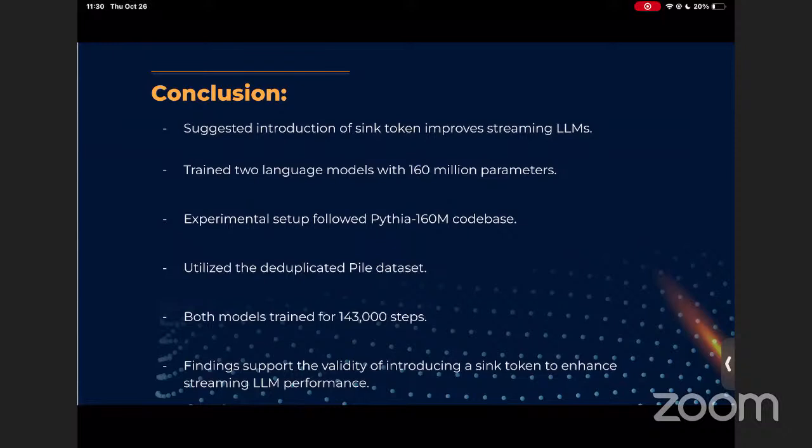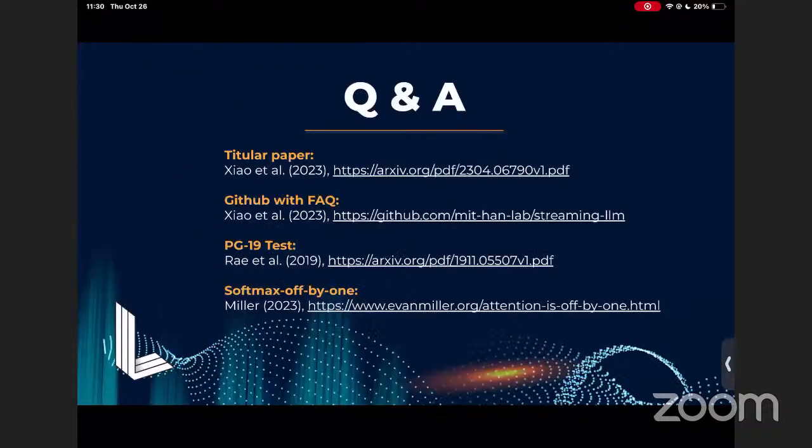They used the Pile dataset after deduplication. Both the models are trained on 143,000 steps, and as the final, they stated their proof that attention sink could improve the streaming LLMs without sacrificing the performance or affecting the efficiency. And that is ready for any questions. Next slide.